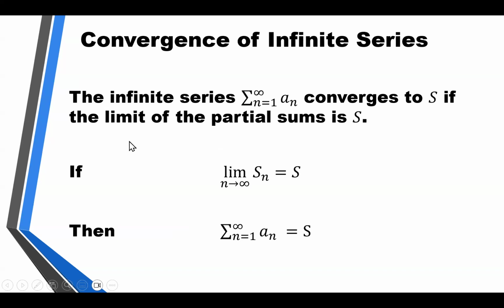The infinite series, the infinite summation from, let's say, n equals 1 to infinity of terms a sub n converges to a number, we'll call it S, if the limit of the partial sums is S. So if the limit of the partial sums is S, then we say that the infinite series adds up to S.